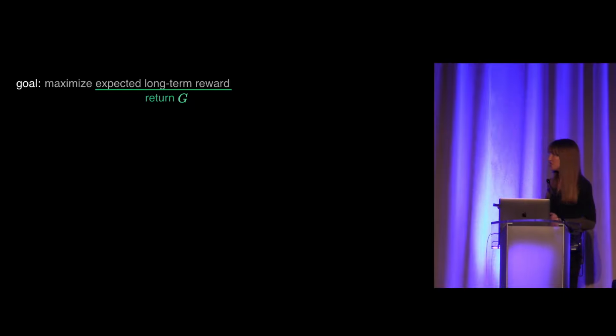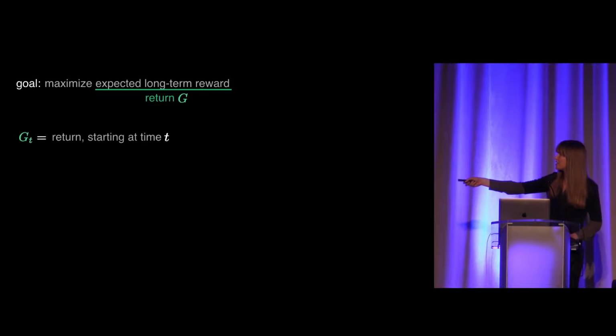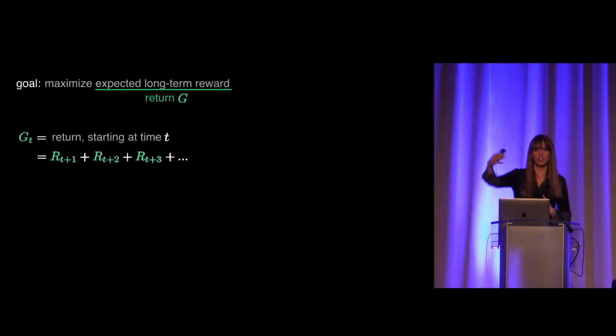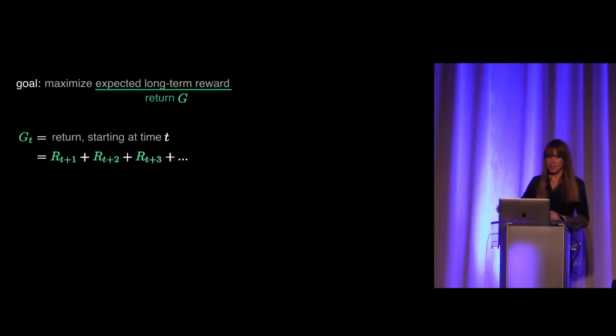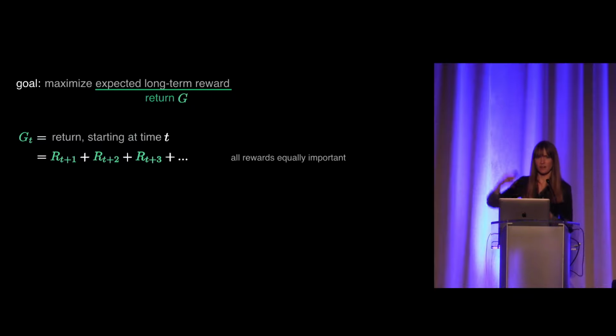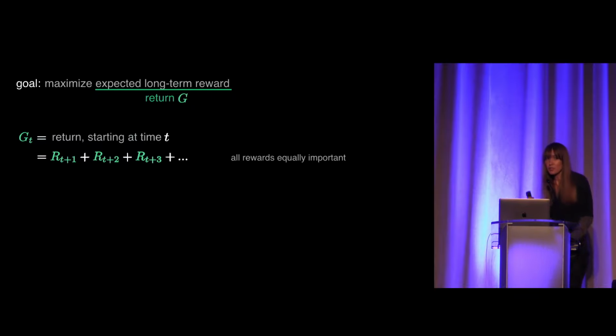It's given the symbol G, and it's defined at a particular time t. And this is defined as the sum over rewards starting at time t plus 1 and looking all the way into the future. Okay, so if we want to maximize expected long-term reward, we want to collect as much reward from now into the future as possible. And if we write the return like this, then we're assuming that all rewards from now until whenever are equally important.